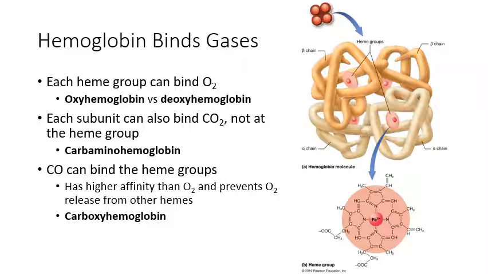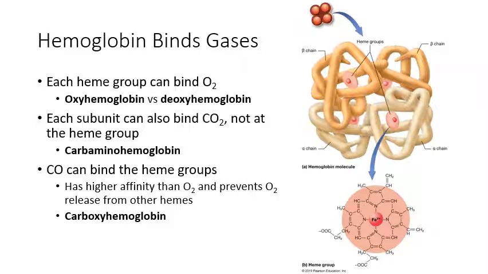So if you ever are having unexplained hallucinations, you might just want to get into the open air. Just go outside for a while and maybe buy a carbon monoxide detector. If you have carbon monoxide on the hemoglobin, that also has a special name, which is carboxyhemoglobin.